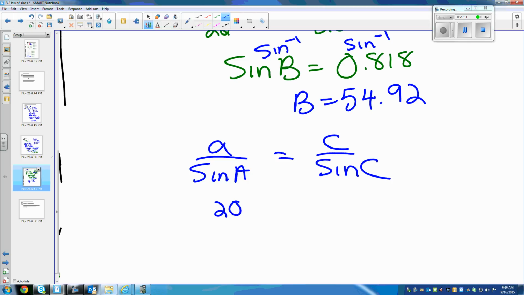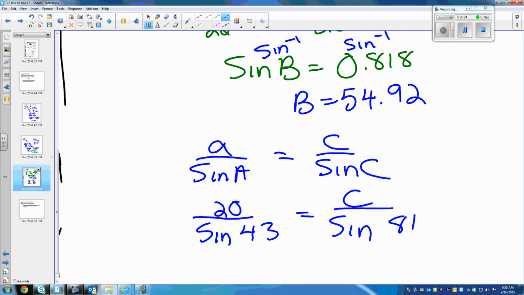20. So 20 over the sine of 43 is equal to c over the sine of 82.1, blah, blah, blah, right? So now when we do this, what should we do?